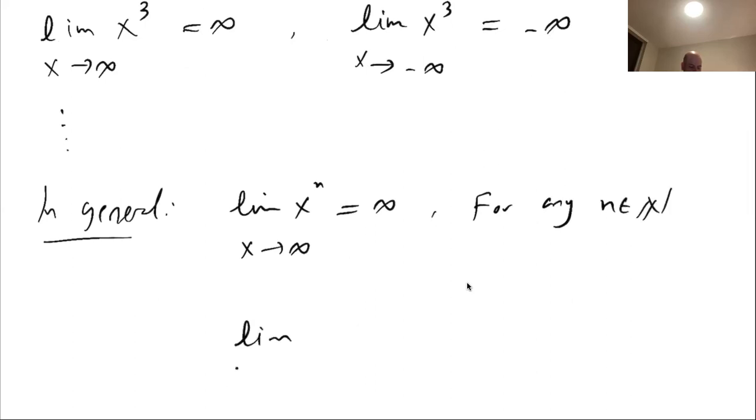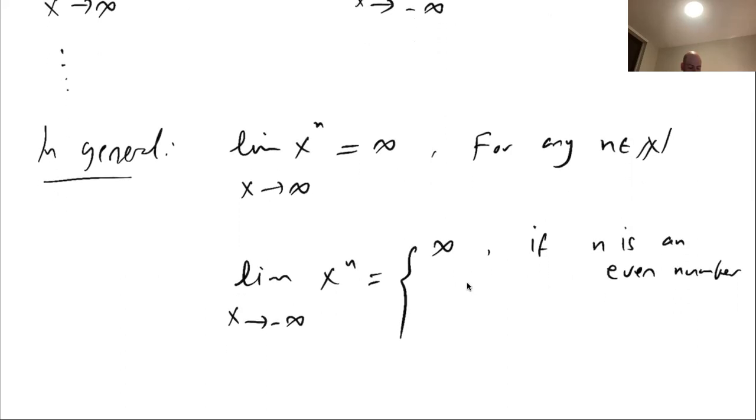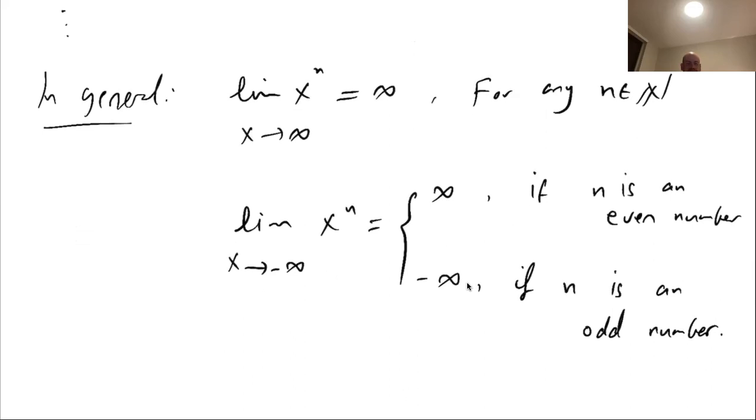For the limit at minus infinity, we can say that the answer is infinity if n is an even number and is equal to minus infinity if n is an odd number. Okay, so these are the end behaviors of the function x to the power n.